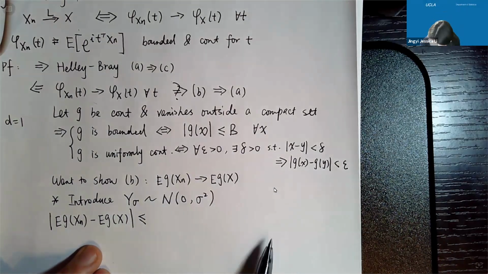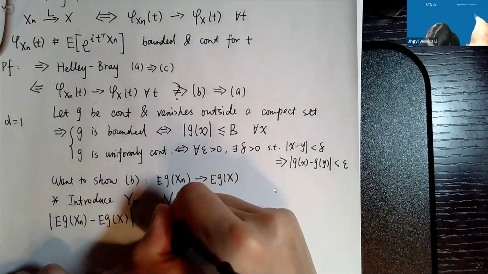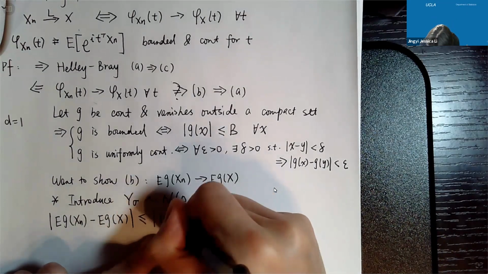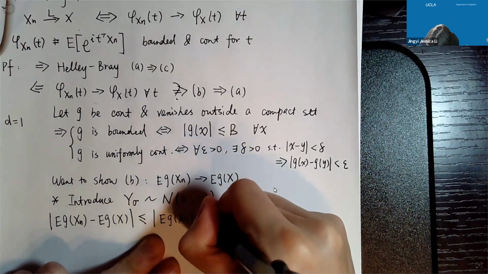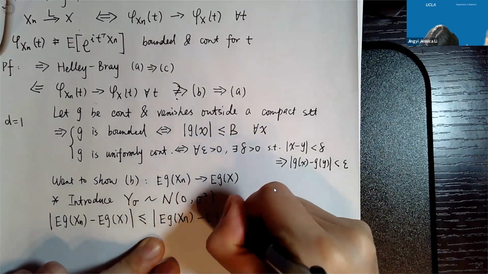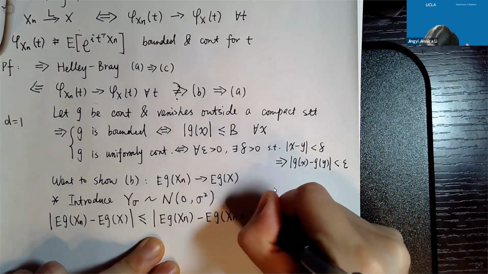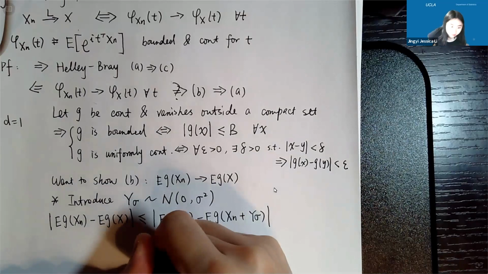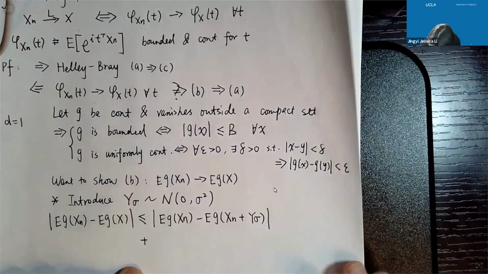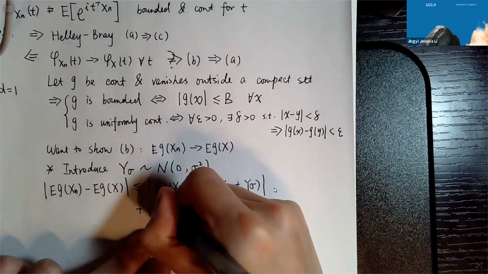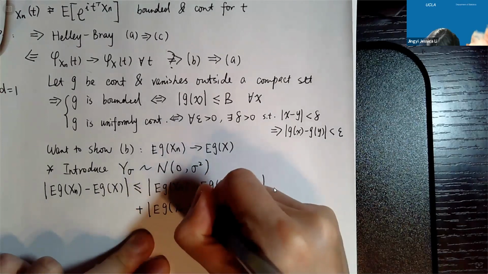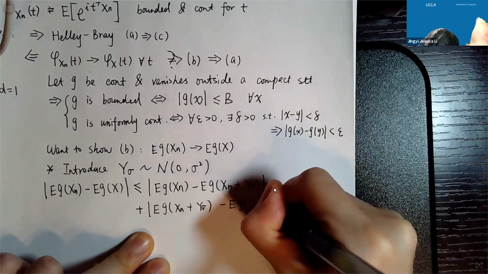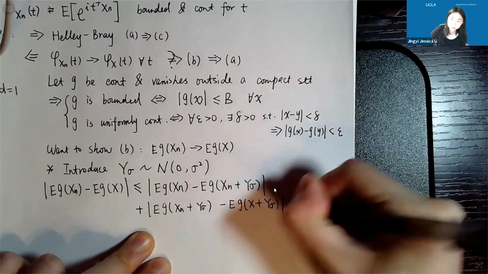And here it is. The first term is the expectation of G(Xn) minus the expectation of G(Xn plus Y sigma). The second term is the expectation of G(Xn plus Y sigma) minus the expectation of G(X plus Y sigma).